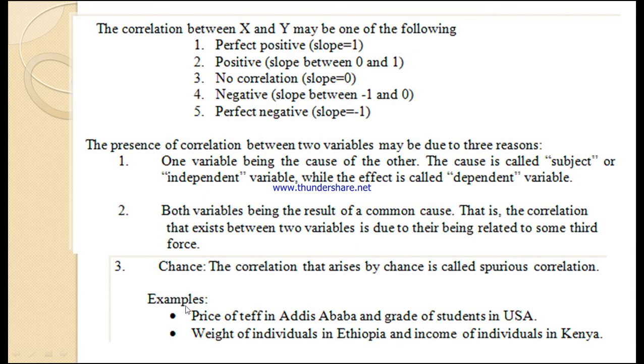For example, the price of a nut server and the grades of students in the USA may be correlated by chance. The same is true for the weight of individuals in Ethiopia and the income of individuals in Kenya. These two variables may be correlated only because of chance. So there are three reasons for the presence of correlation between two variables.